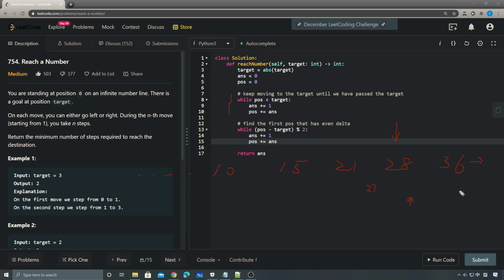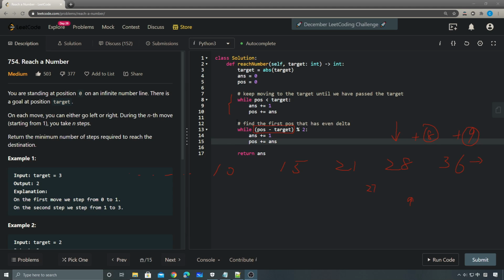Here we're adding 8, an even number, and the next one we add is 9, an odd number. So at most two more moves will get an even delta.